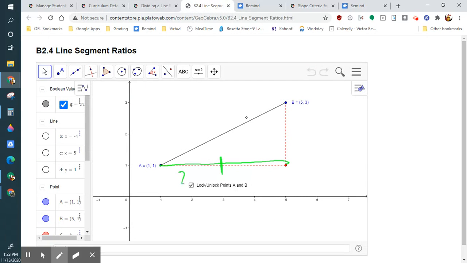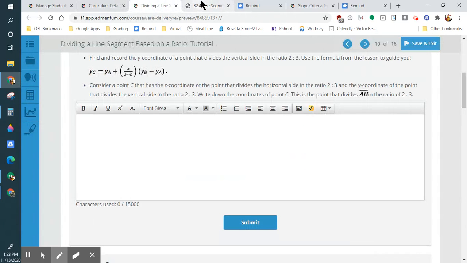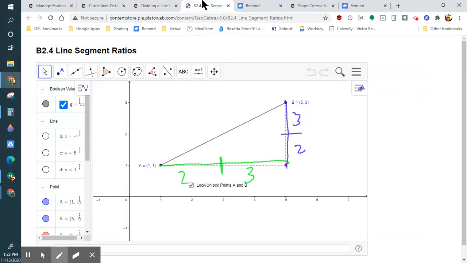So this has to be 2/3 of that. And then from there, we're going to do the vertical. So the vertical is going to be this one. And we're also going to cut that into 2/3. I'm going to make it where the 2 comes first. All right, so 2/3. Write down the y coordinate. This point of AB should be a ratio of 2/3.